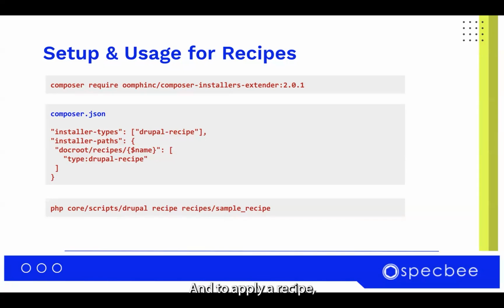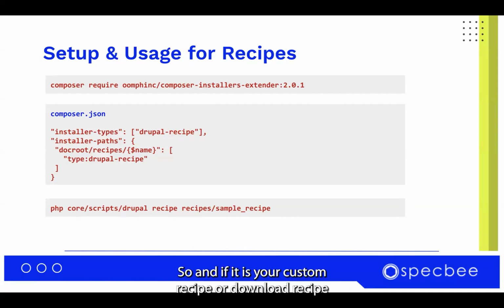And to apply a recipe, it is a PHP script that is inside Drupal core. So you need the core Drupal script, php core/scripts/drupal recipe is the command, and give the relative path to the recipe directory, relative to your doc.root. So if it is inside core, it will be core/recipes/standard.